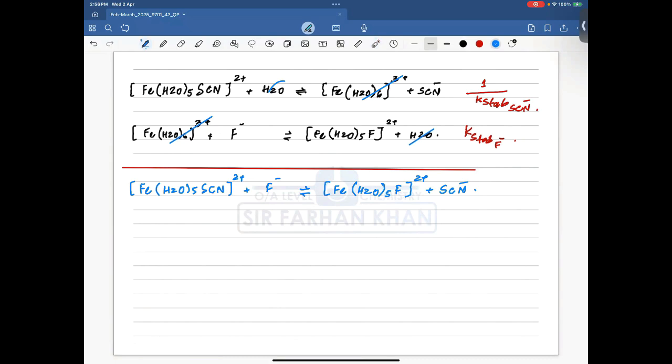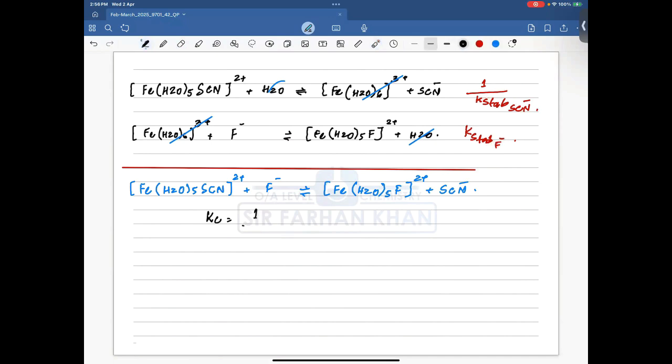Now we need to find out the value of Kc. So Kc is always equals to K step, this and that, right?